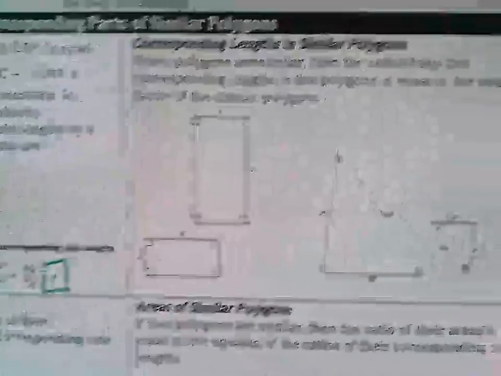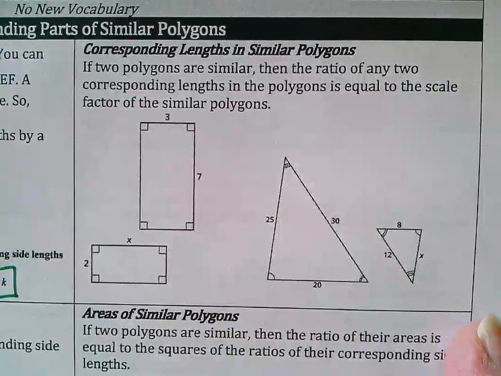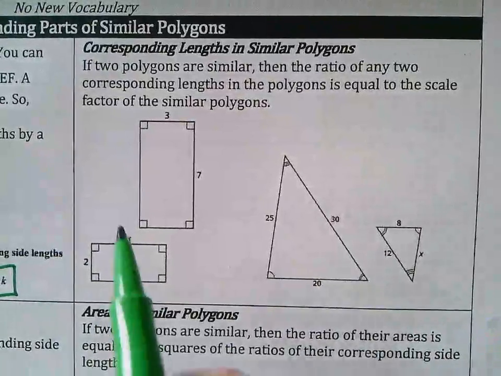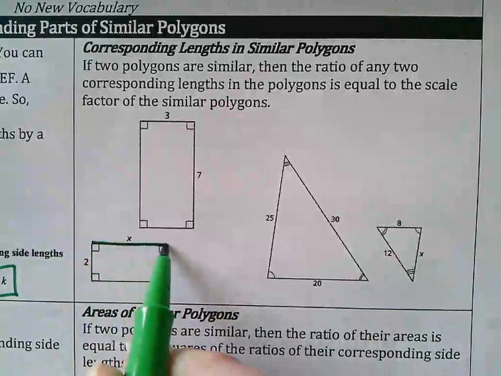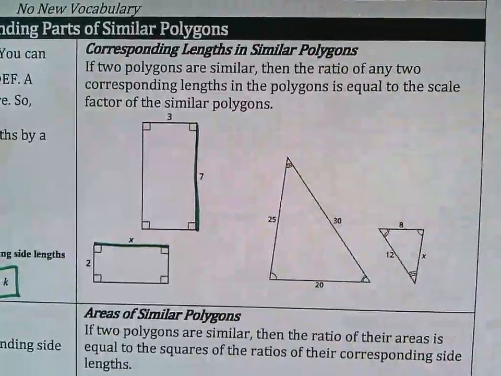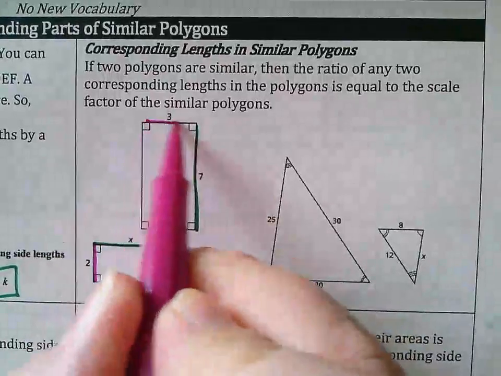So if two polygons are similar, then the ratio of any two corresponding lengths in the polygons is equal to the scale factor of the similar polygons. So if I wanted to set this up, you can notice that this is a long side and this is a long side, and this is a shorter side and this is a shorter side.